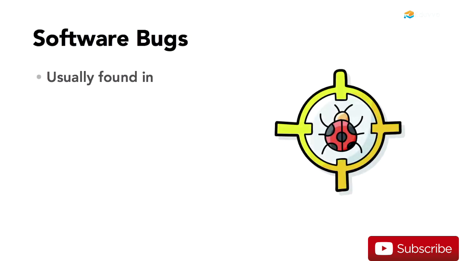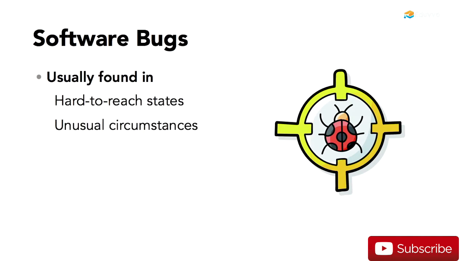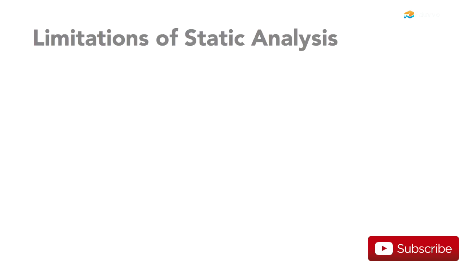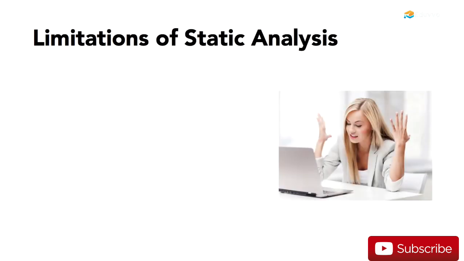Software bugs are usually found in hard-to-reach states or unusual circumstances. They are also language-specific. For example, memory management is done manually in languages such as C, while it is automated in Java.